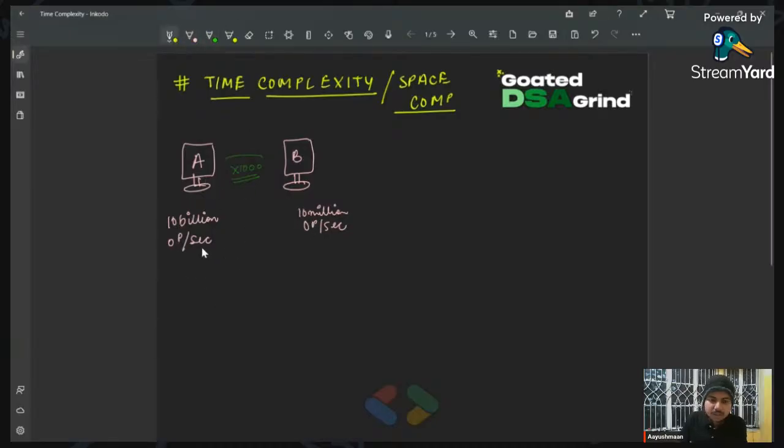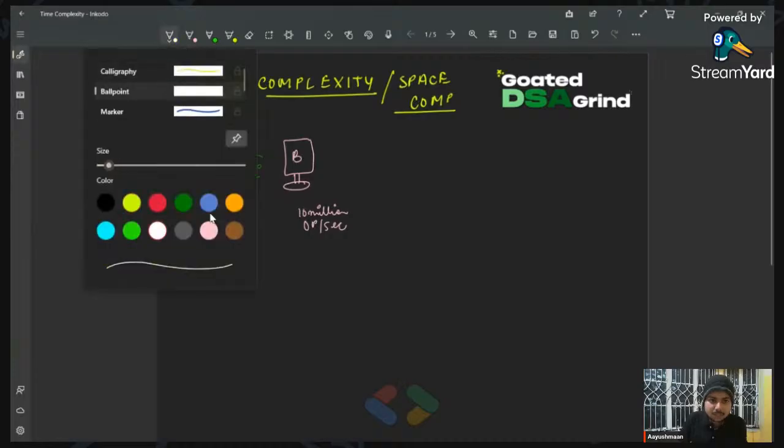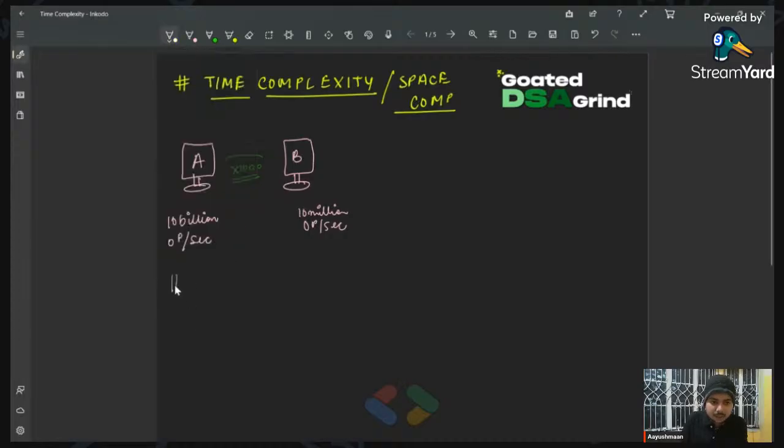Now, suppose we get a problem of sorting 10 million numbers.